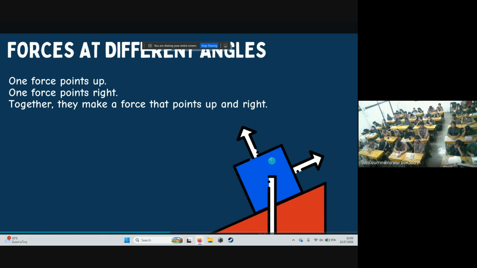The friction is keeping the box stable, so we use another arrow to show friction. And if this box is not moving, these two forces are equal to this one force.